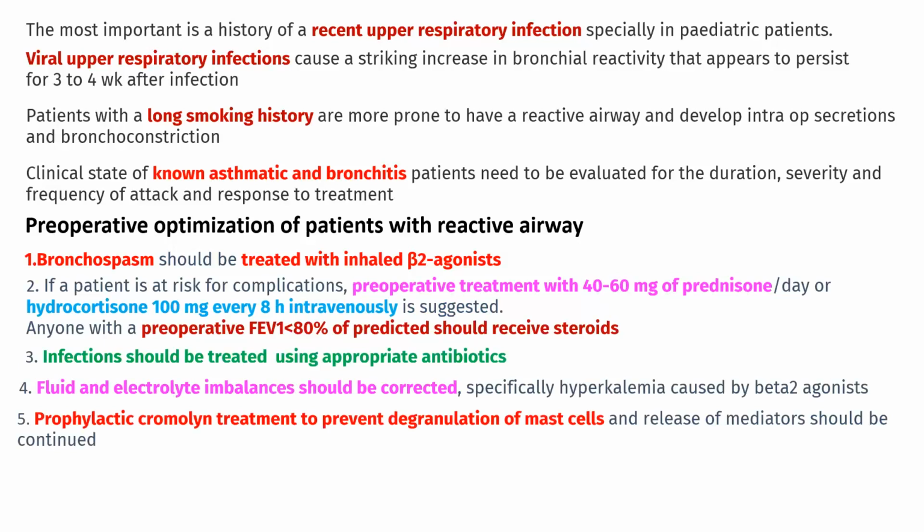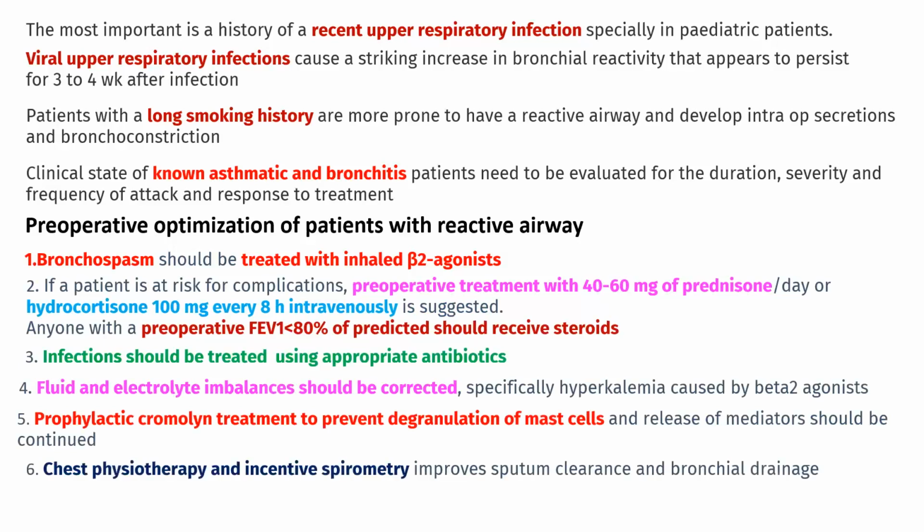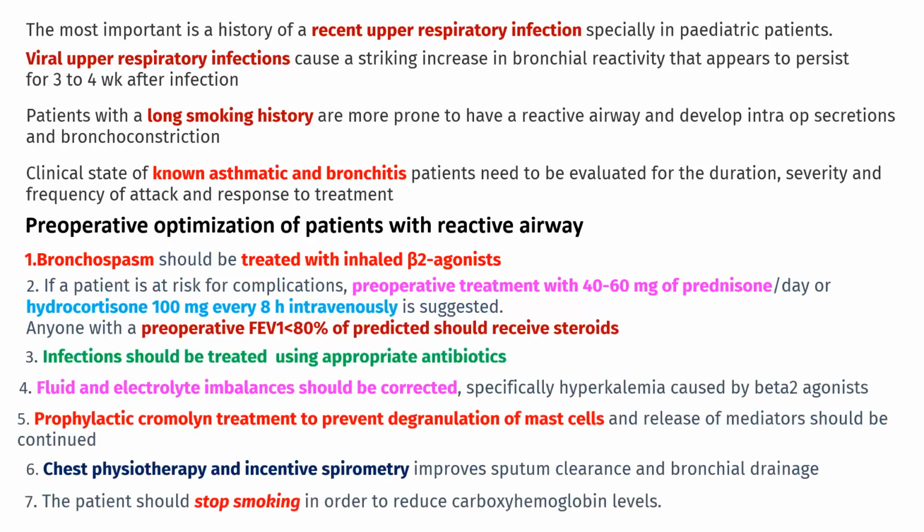And sometimes prophylactic sodium cromoglycate and ipratropium can be used. Chest physiotherapy and incentive spirometry, all these things for elective cases, you have to use for preoperative optimization. And of course, as with any patient, you must also ask them to stop smoking. And document any allergy or drug sensitivity, like some drugs such as aspirin or NSAIDs.